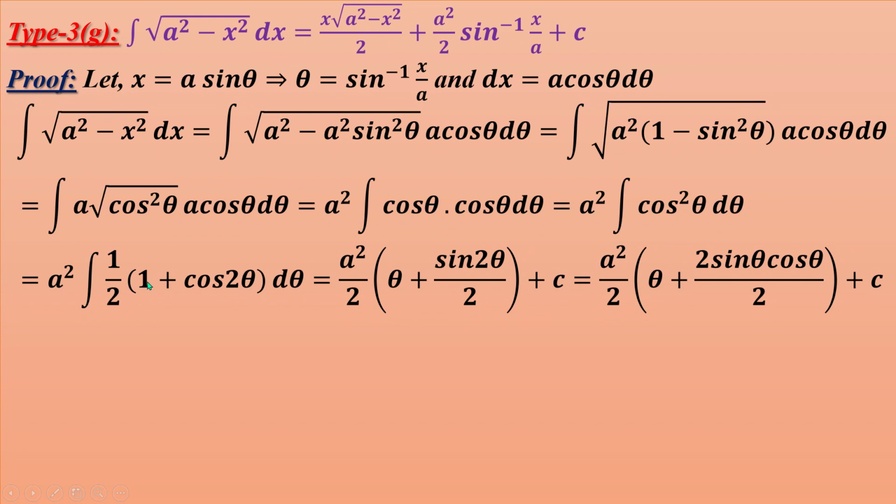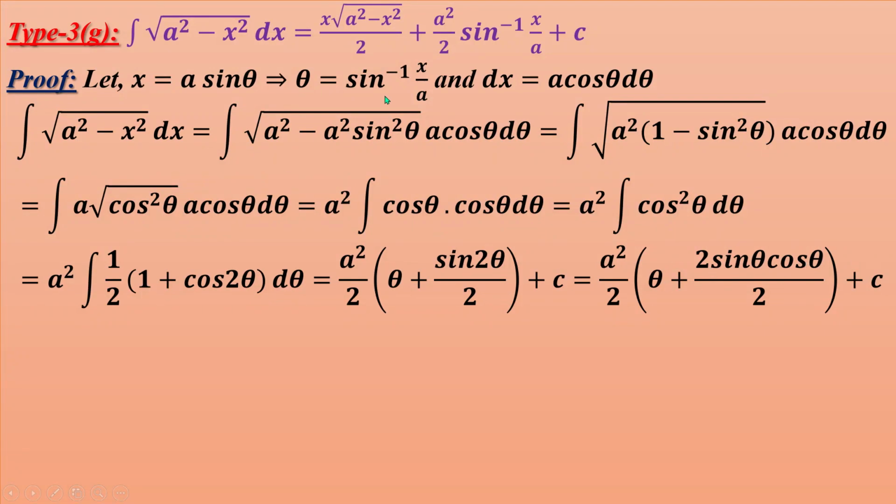Clear? Taking the half out of the integration, here will be a square by 2, and integration of 1 into d theta, meaning d theta, is theta, and integration of cos 2 theta is sin 2 theta by 2, plus c. Now putting the value of theta, you can write 2 sin theta cos theta plus c.